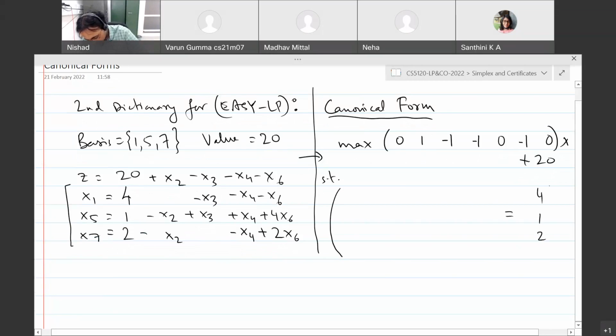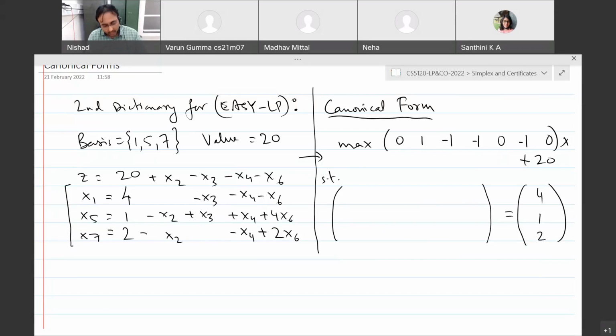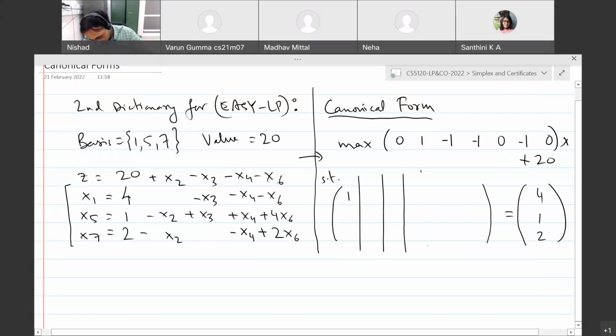And what do we have on the left hand side? We have the coefficients. So we are going to bring everything from the right hand side to the left except for the constant, right? So we get, let's first put down the basis columns, right? We know they have to be identity. So let's just put here 1, 2, 3, 4, 5, 6, 7. So we are going to have a 1 here and a 1 here.